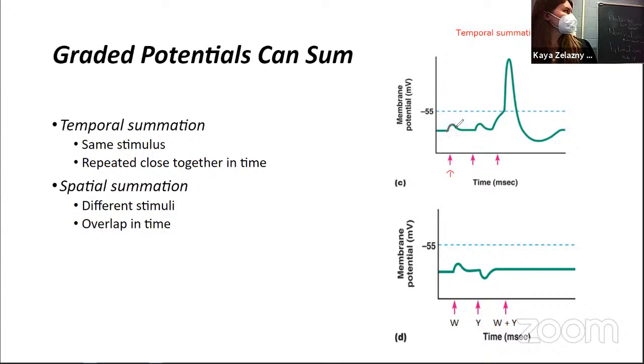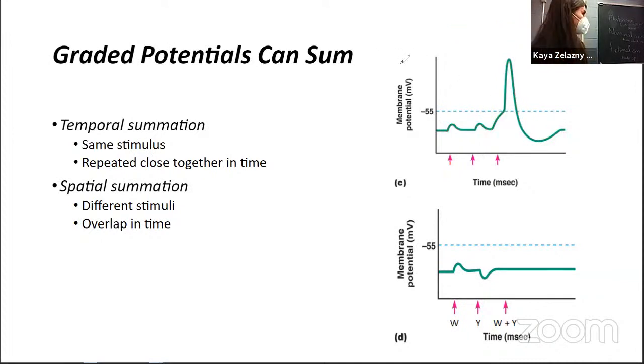Maybe we have some sodium come in. It faded away. Then we have another signal come in. But before it fades away, we have another signal come in, a big one, gets us to positive 55. And then we see this curve, which you will come to know and love. That's our action potential.